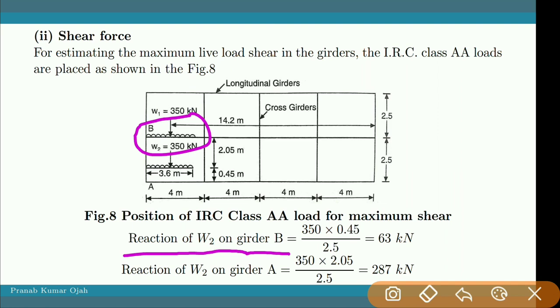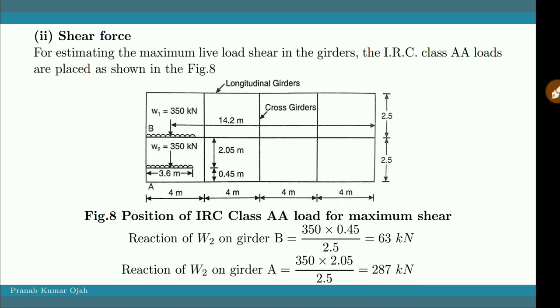But the load W2 is placed over the panel, so it will be partially shared by the girder B, as well as some part of the load W2 will be taken by the girder A also.